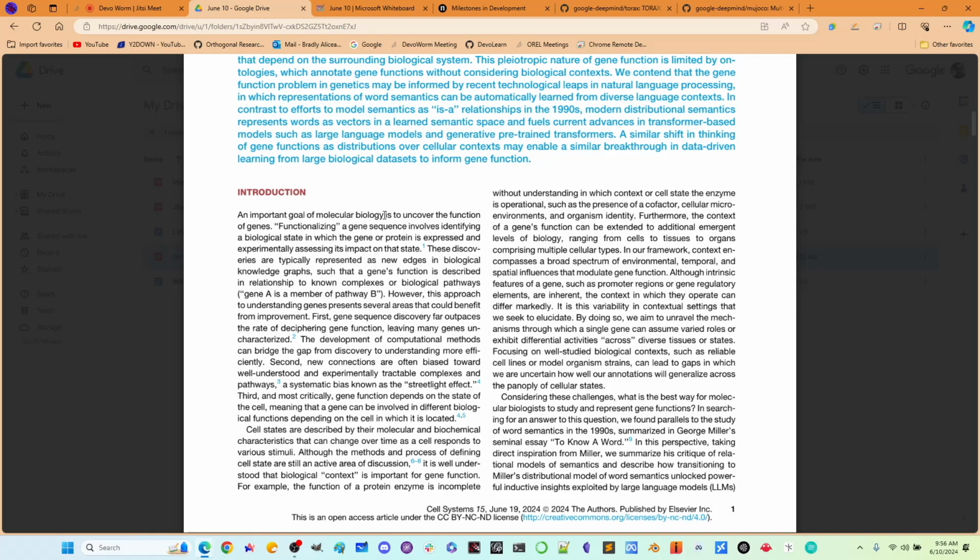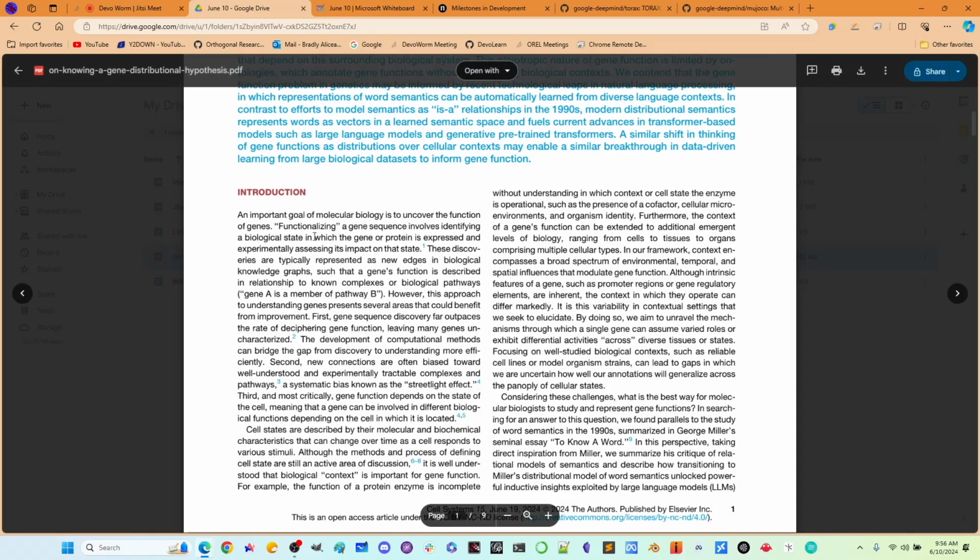Now that limits our ability to do systems biology because we can't say for the entire range of a system whether this result holds. So that's really why we're interested in this problem of context and seeing what the functional aspect of gene expression is in different contexts.